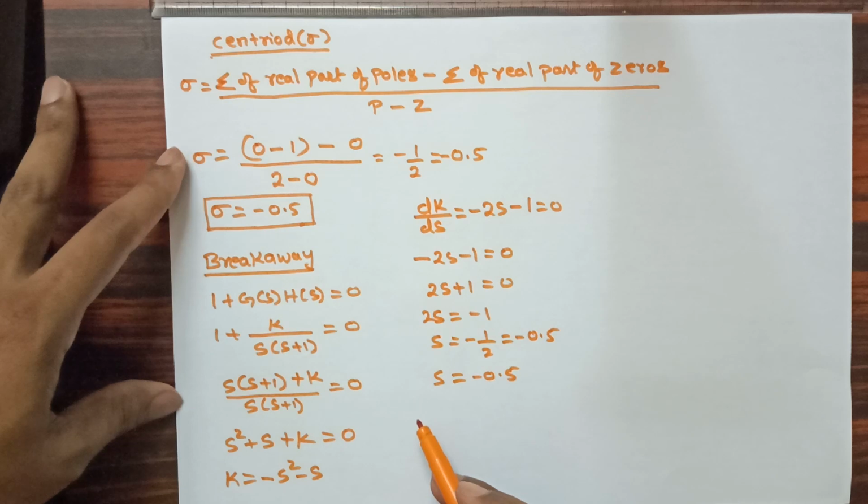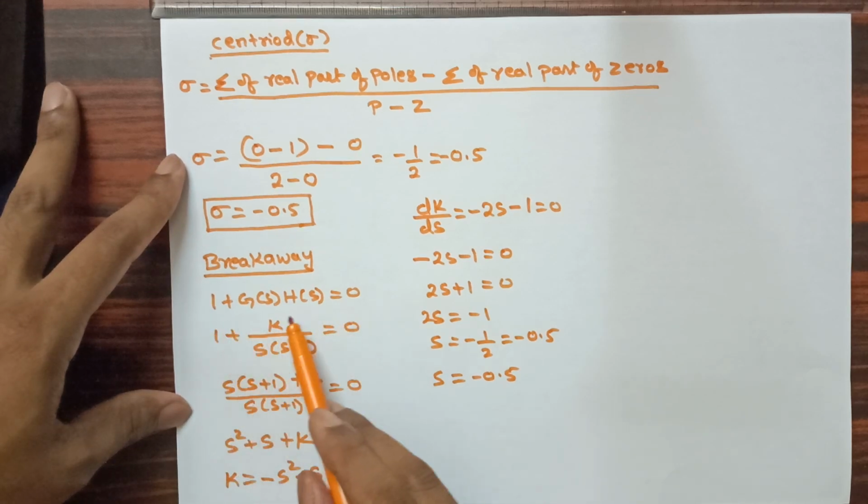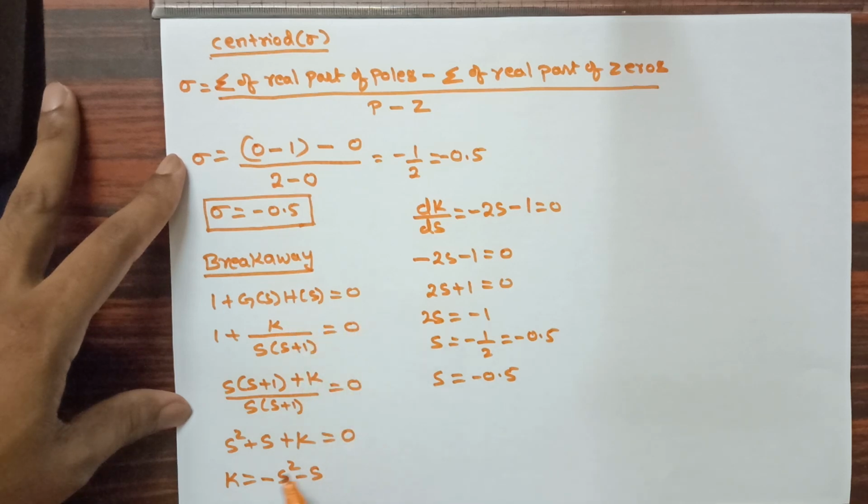Remember, to find the breakaway point, the procedure is, first I need to find the characteristic equation, that is 1 plus G(s) H(s) is equal to 0. From this I am going to retain k on the left hand side and take all s terms to the right hand side, and then differentiate this k equation with respect to s.